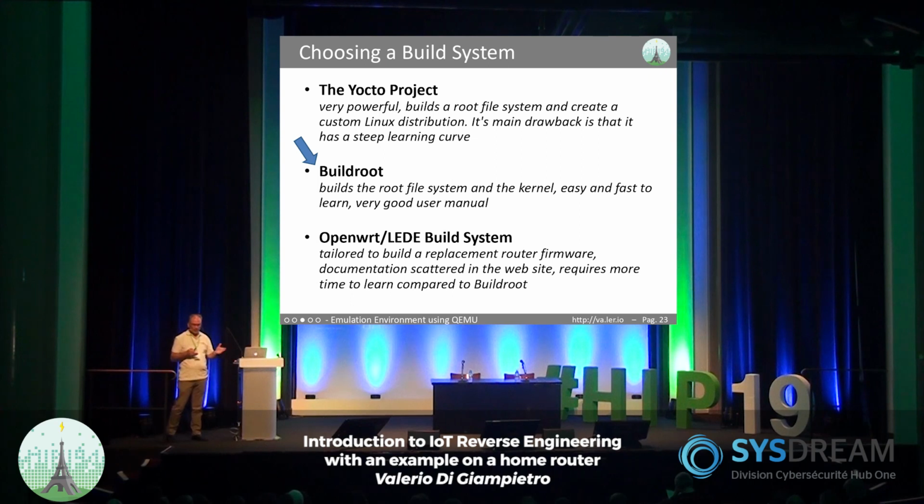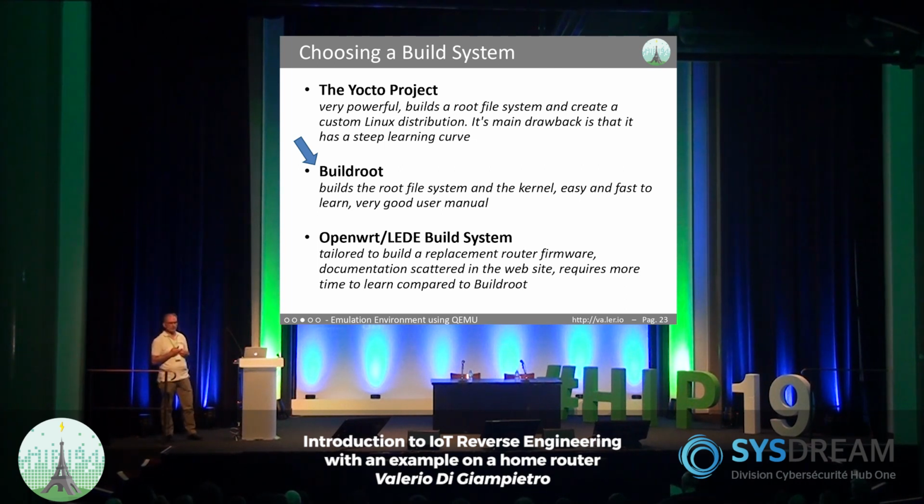But we not only need to emulate a processor, we also need a kernel and a root file system to emulate our environment. We could think of building everything by ourselves, cross-compiling everything, but this is an almost impossible task because of a lot of interdependencies among packages, libraries, device drivers, and so on. So we have to choose a build system.